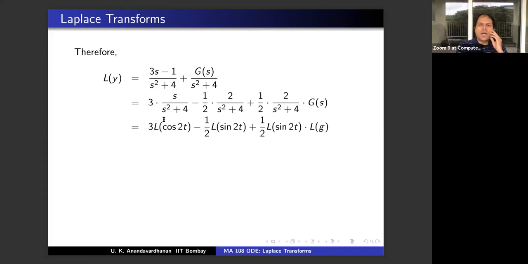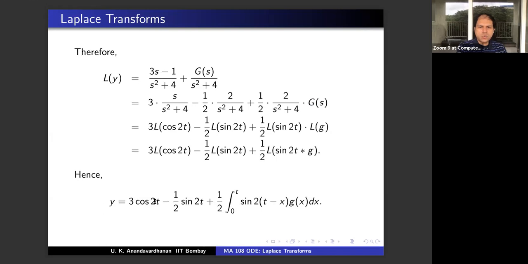So you have got the answer to be 3 L of cos 2t minus half L of sin 2t plus half L of sin 2t times L of G. So what is your answer Y? Your answer Y is 3 cos 2t minus half sin 2t plus half, sin 2t star G. So whatever G is, you have solved in terms of convolution.